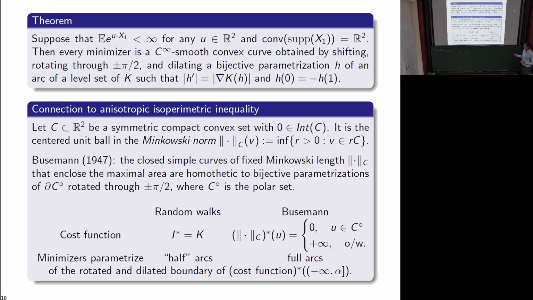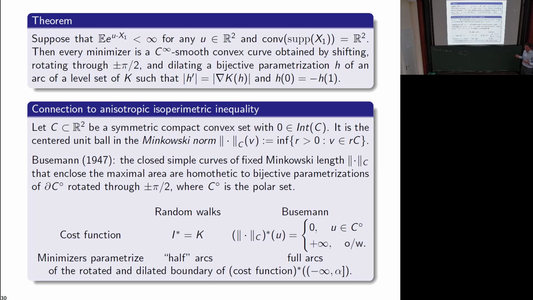So in my case, for random walks, the cost function is the Legendre transform of the log Laplace transform. And for Busemann, we can write the cost function, which is the Minkowski norm, as the Legendre transform of the convex indicator function of the polar set. So that's a way to describe things.